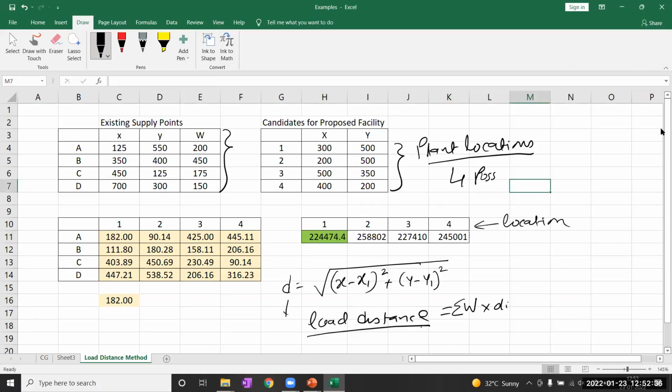But then what criteria you have used for identifying the location will be different, isn't it? For example, these 4 locations may be based on the availability of cheaper land only.